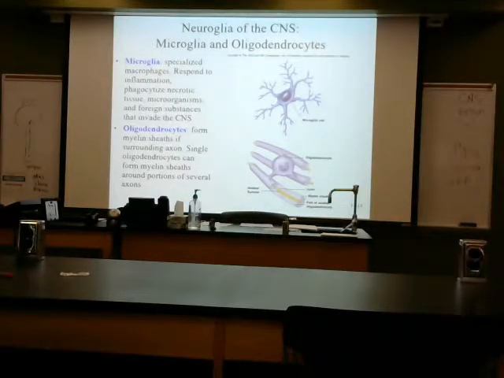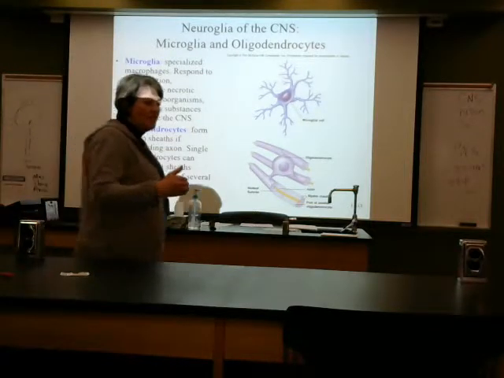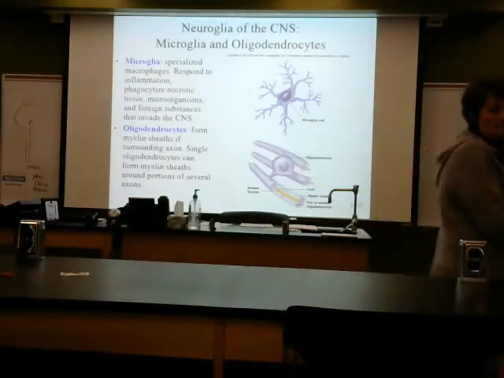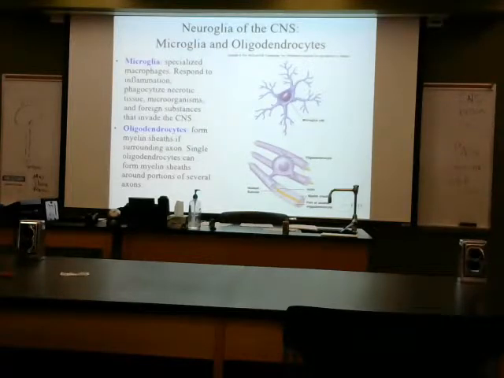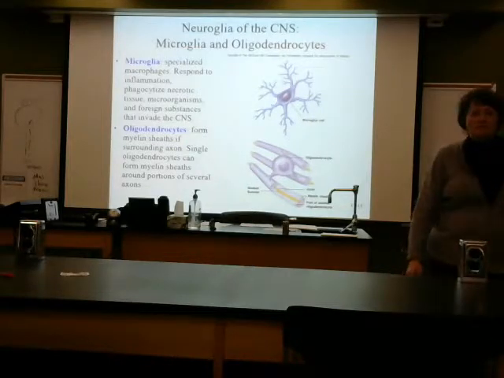This is the cell that can eat bad stuff. Okay? Because phage means to eat. Macro meaning it's a big cell. So this is going to be a cell that can respond to inflammation, dead tissue, necrotic means dead, microorganisms, and foreign substances.